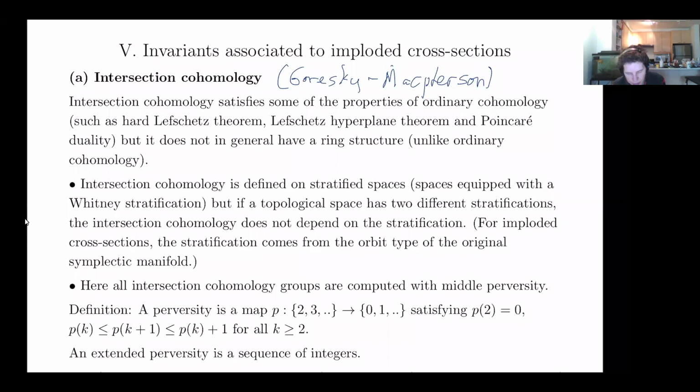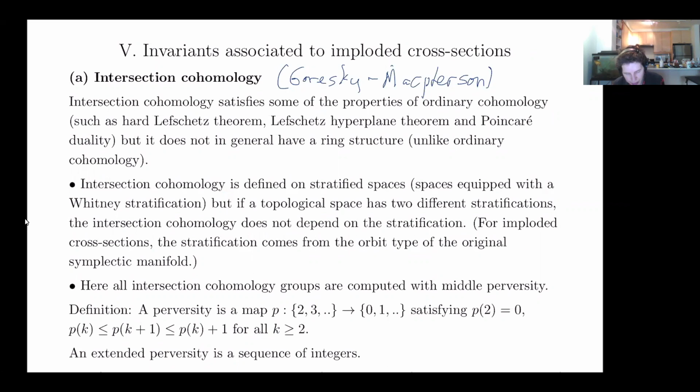To define intersection cohomology, you need a stratification, for example, a Whitney stratification. But if a topological space has two different stratifications, the intersection cohomology doesn't depend on the stratification. For imploded cross sections, the stratification just comes from the orbit type of the original manifold.